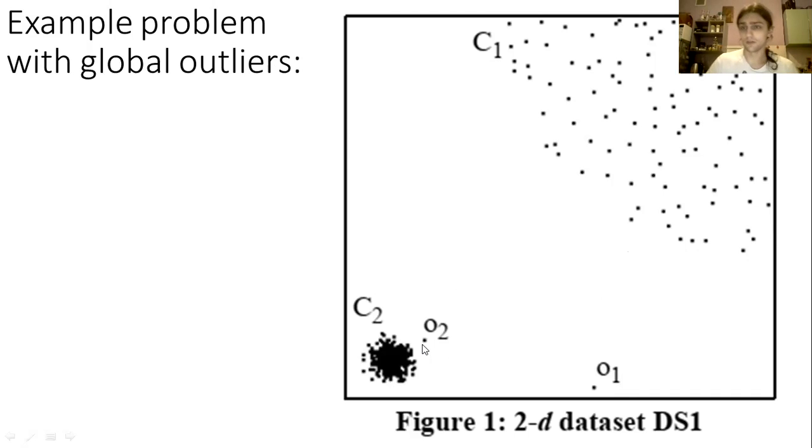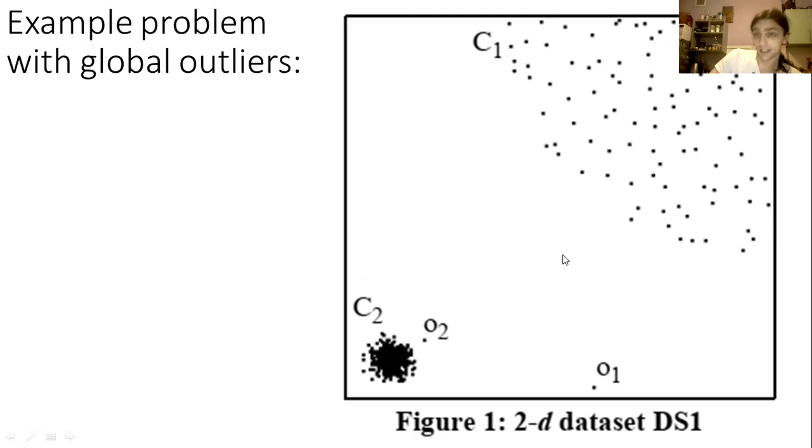But what about O2? From a human perspective, we can easily say O2 is an outlier too, but O2 is a local outlier. What does it mean? O2 is an outlier for cluster C2, and that's elementary.